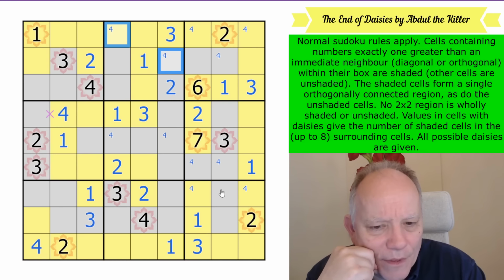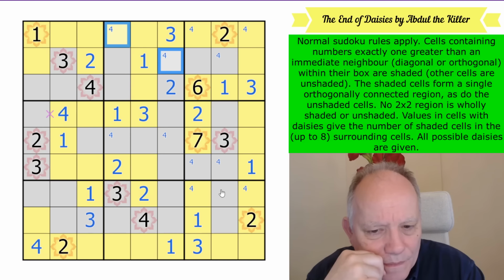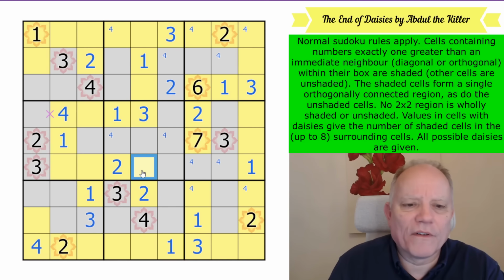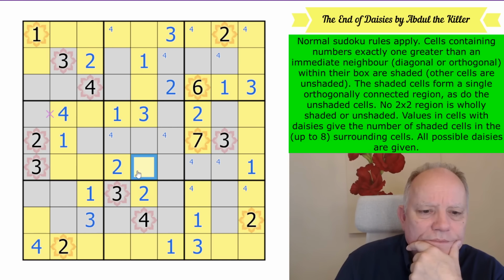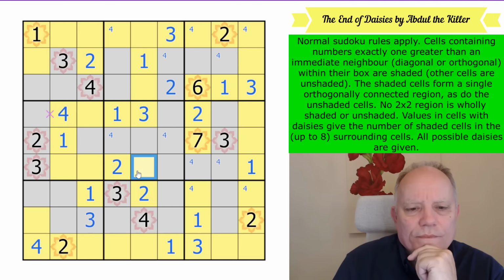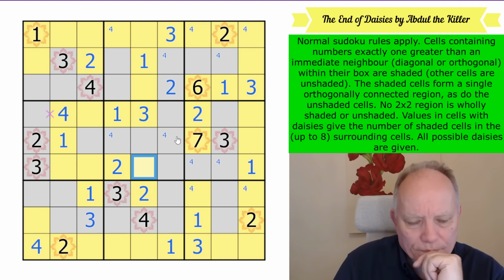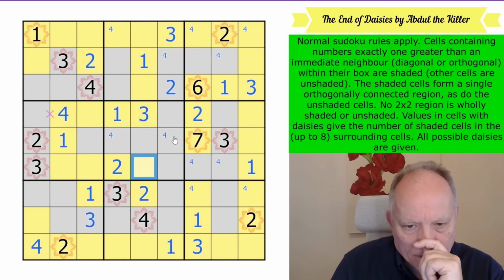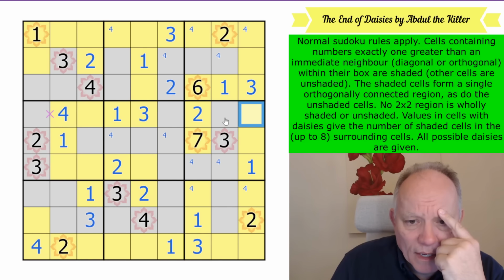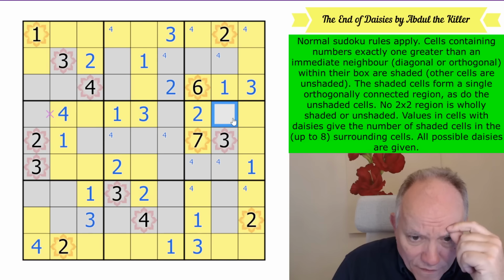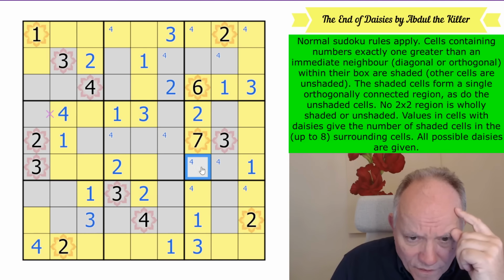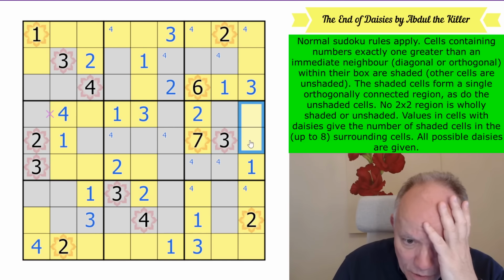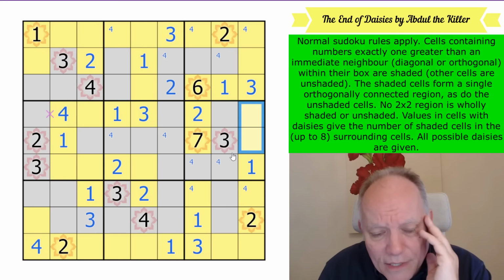Can I do anything with 5s as a result? That can't be 5, because it would be touching 4. That can't be 5. Yes, it can. That can be 5. That can't be 5. 5 could be in either of those positions or either of those, so it's not that exciting.